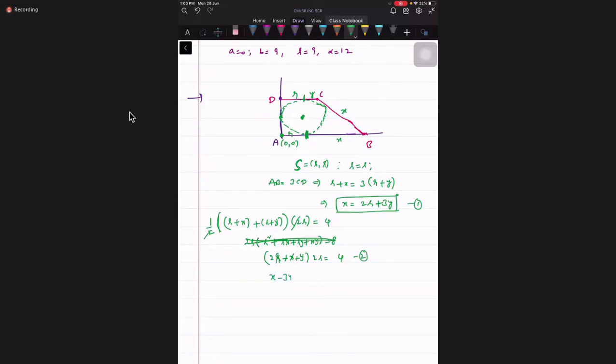So X minus 3Y plus X plus Y, into 2R again, into R. Substitution is easy. X minus 3Y equal to 8.